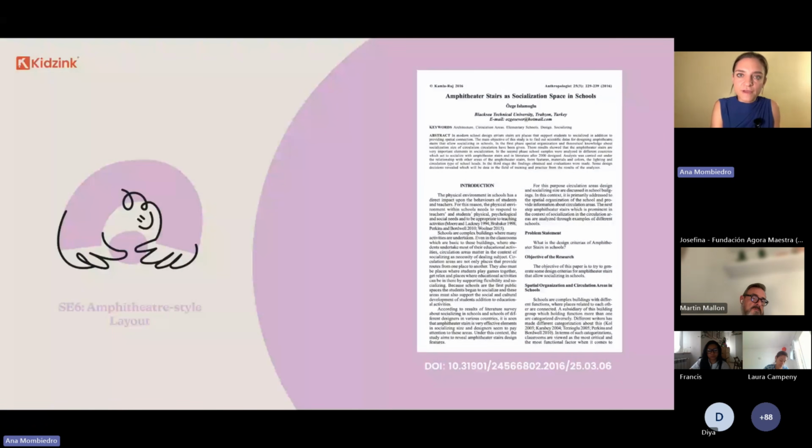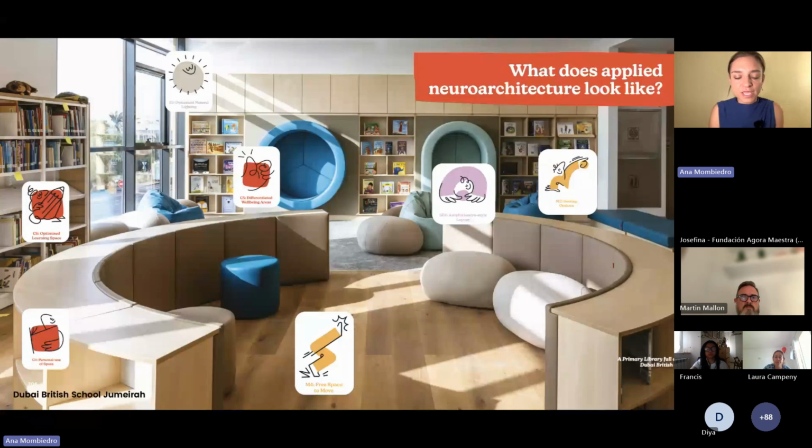And then the last quality factor I'm going to share with you today is the amphitheater style layout. We can see this a lot in many classrooms nowadays, and very often we're requested to have amphitheater style layout in a classroom, but we always say, okay, this is positive, but where do we place this? And we're using it a lot in libraries, in playgrounds, so people and children can sit down in a disposition in which they can see each other's faces.